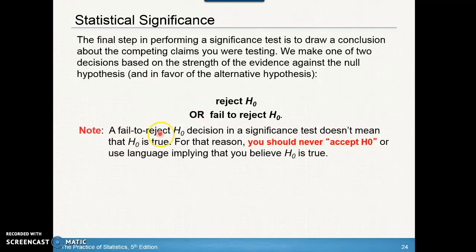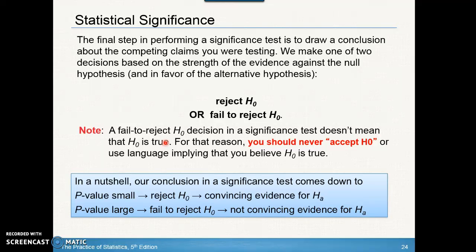So what a fail to reject null means, it doesn't necessarily mean that the null is true. It just means we don't have any evidence against the null. So for that reason, we're never accepting the null, okay, or stating that the null is true. So we're just saying that we're failing to reject it.